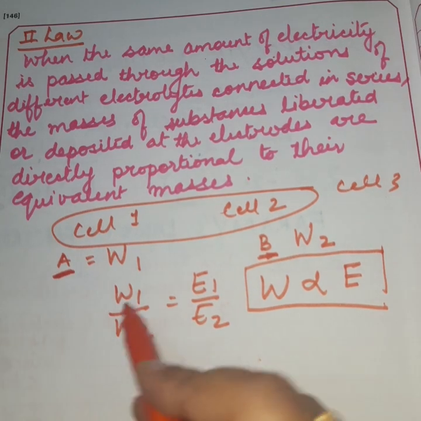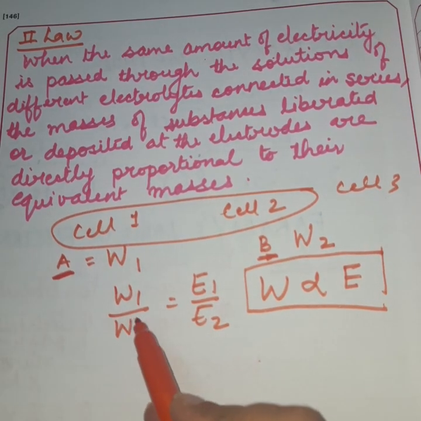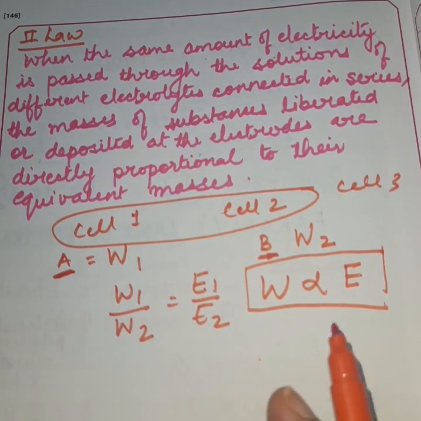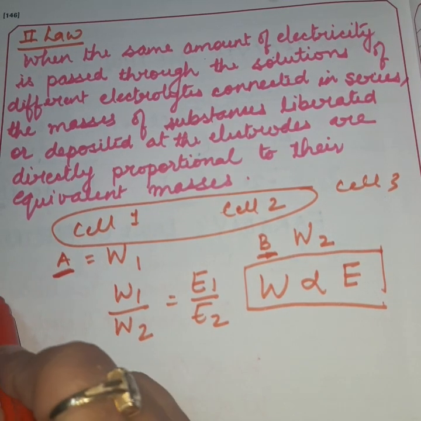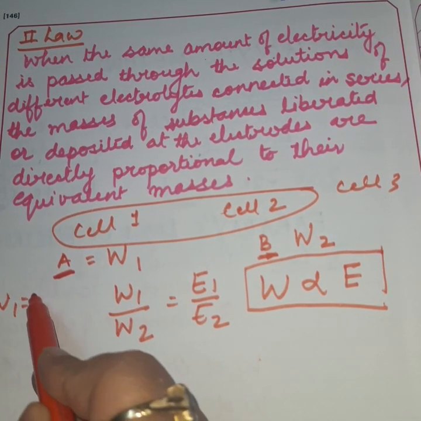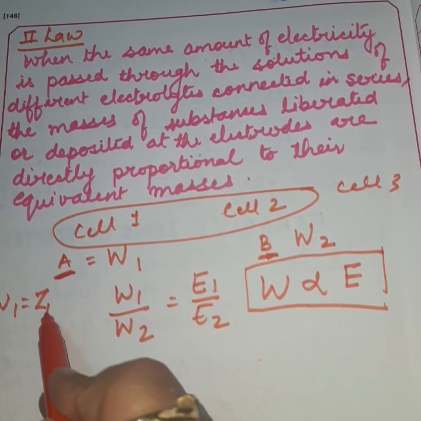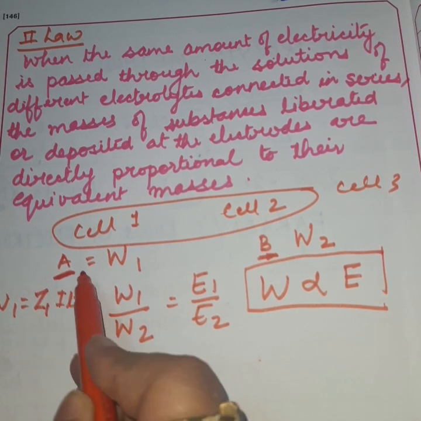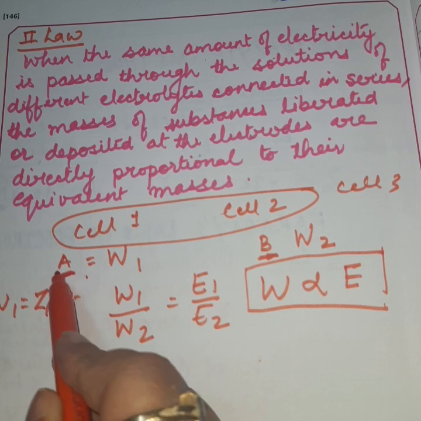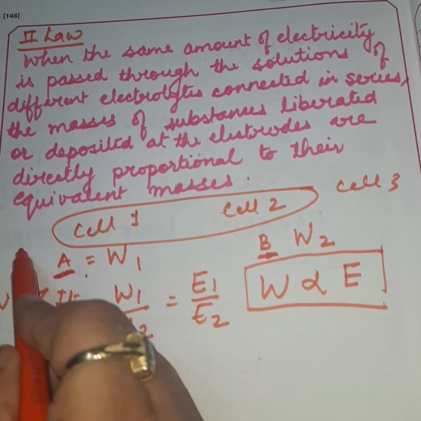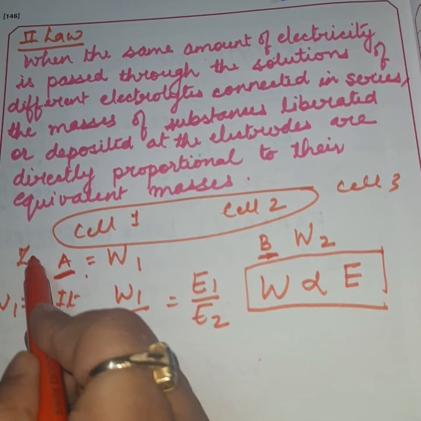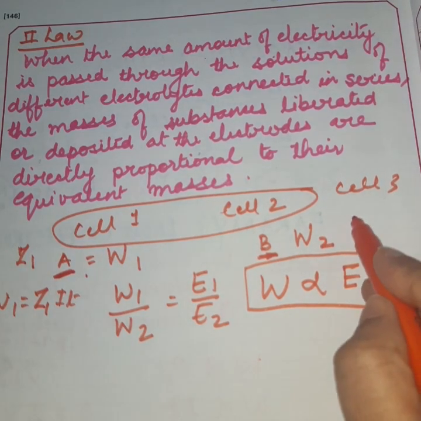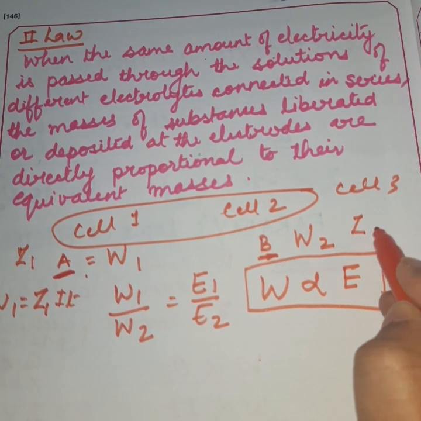Now, if I apply the first law of Faraday, I can say that W1 is equal to Z1 IT. Z is a constant for a particular substance. So for A, I am assuming the electrochemical equivalent as Z1, and for B, the electrochemical equivalent as Z2.